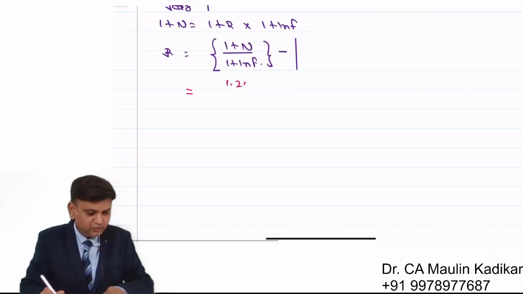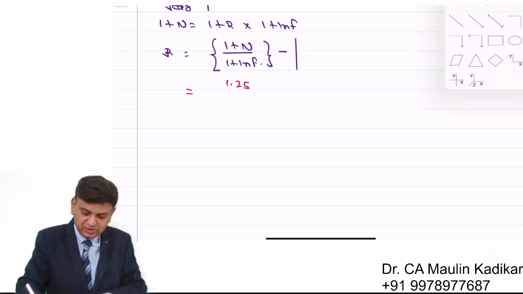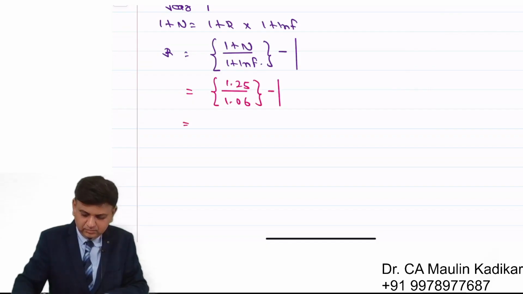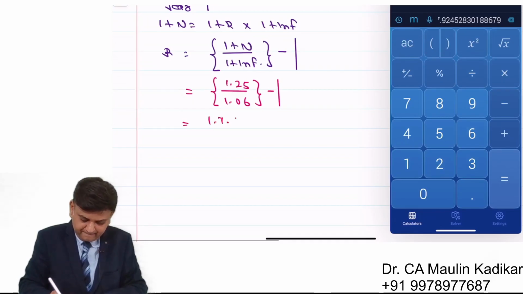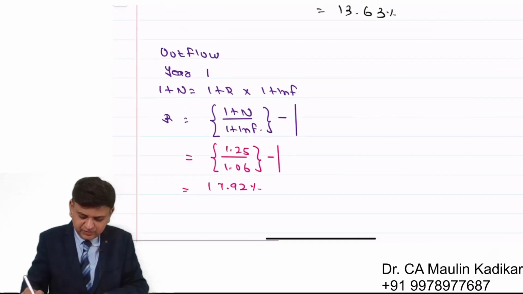So it is 1.25. Now what is the inflation rate for outflow for the first year? 6%. Whole minus 1. So 1.25 divided by 1.06 minus 1 into 100. 17.92%. That is the real rate of interest for the first year.